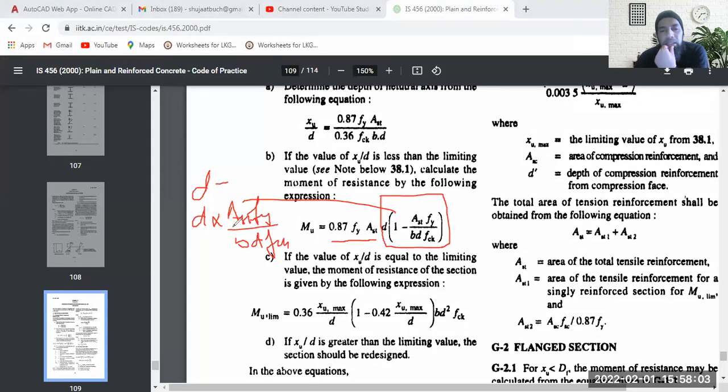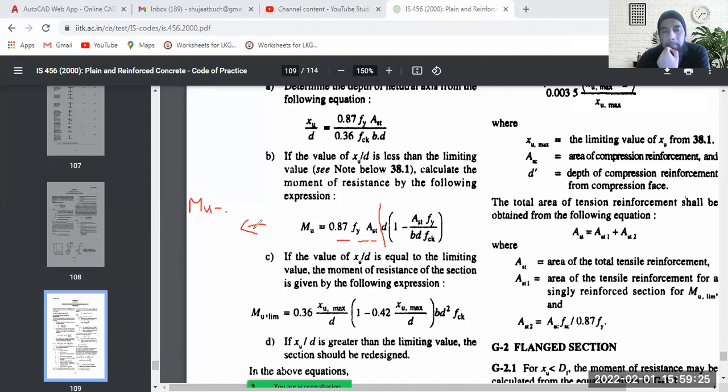And you know AST into Fy by BD FCK is this. It would be equal to what? अगर मैं इसको यहाँ पर from the balance design, AST into FY by BD FCK would be 0.36 XU by D, ये इधर जाएगा and this would go here. Yeah, I just calculated this. D minus D into AST FY BD कितना आया?